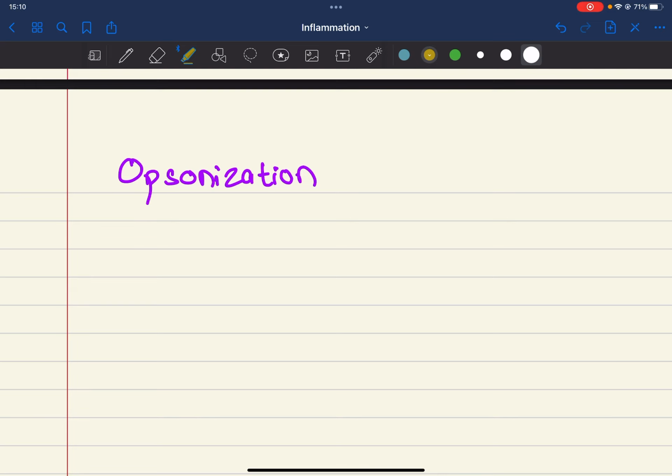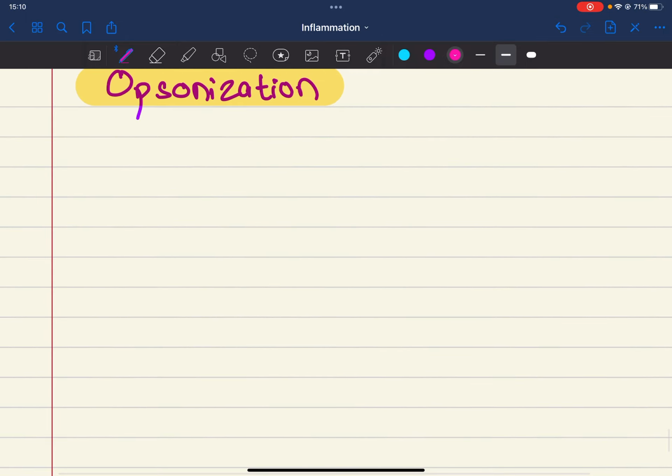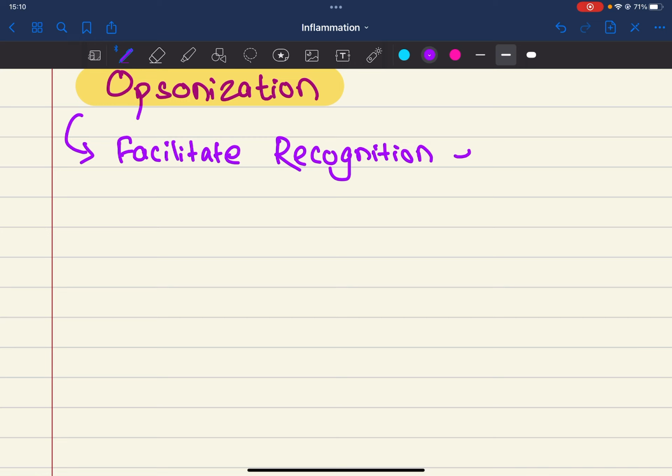Opsonization is the process of coating the bacteria or any offending agents or any foreign particles. The opsonins coat them. The importance of opsonins is they facilitate both recognition and phagocytosis.